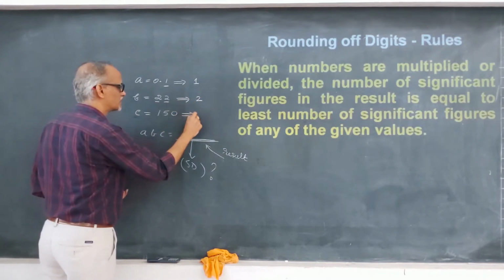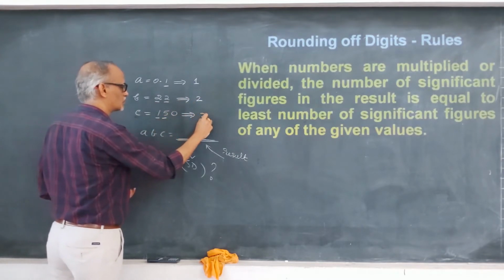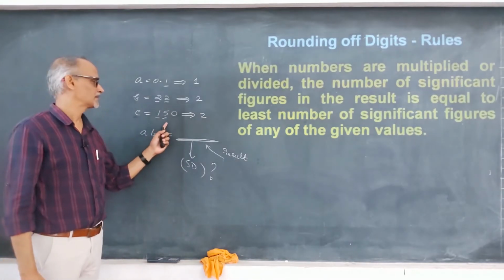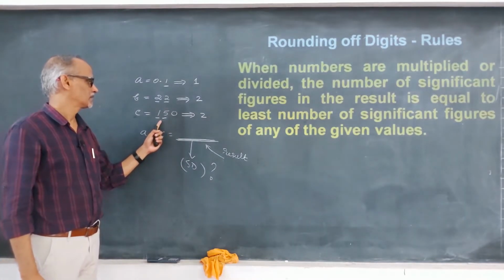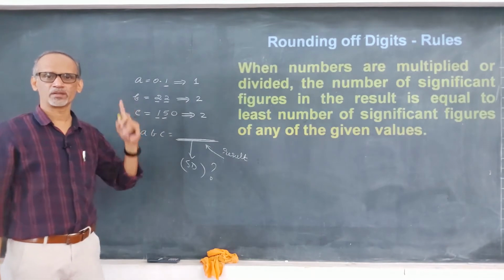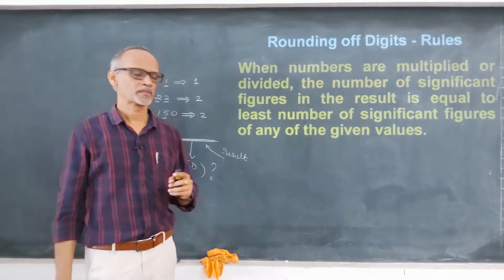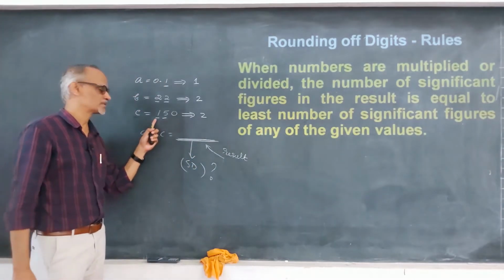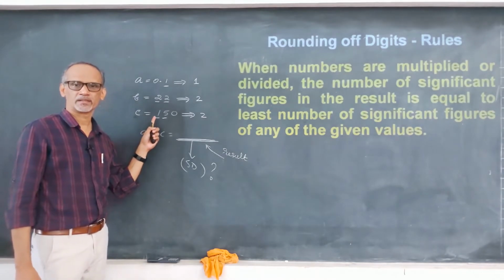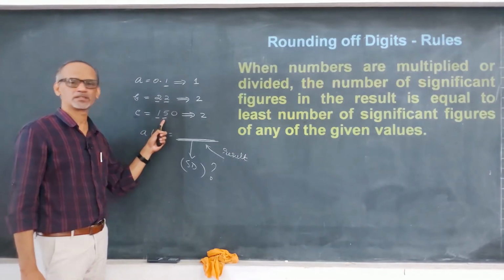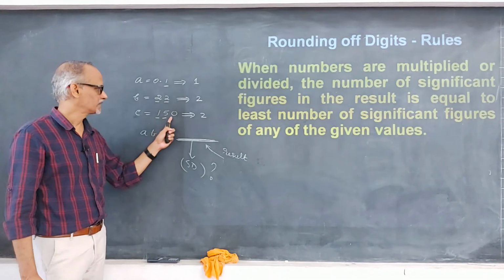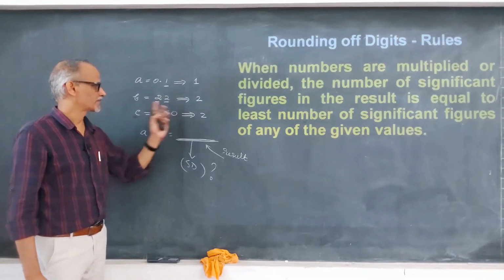How many significant digits are here? There are 2. Hope you remember this. This is a number without any decimal, and in a non-decimal number, the first digit is the most significant digit and the last non-zero digit is the least significant digit. So that's why we don't consider this.